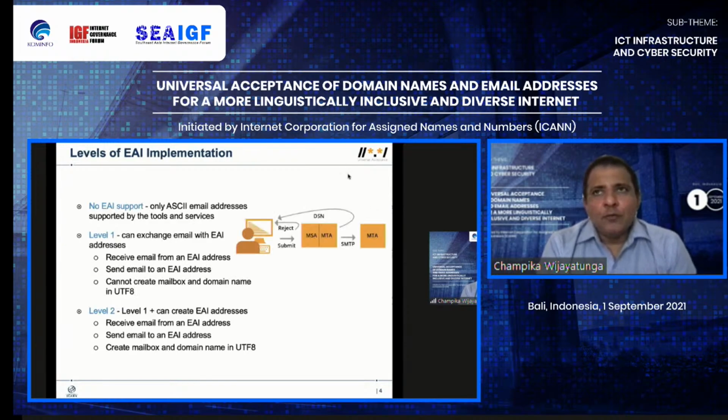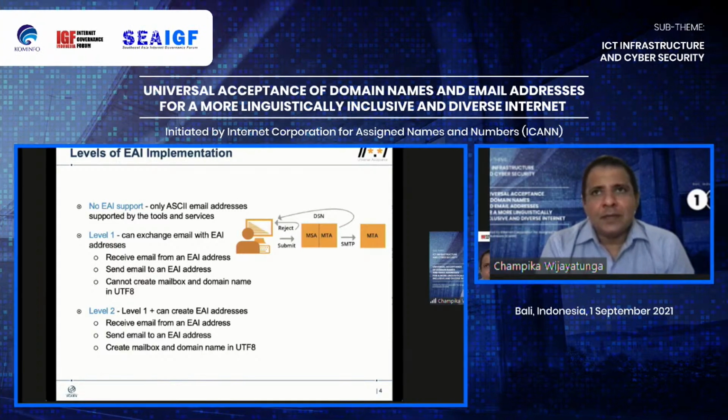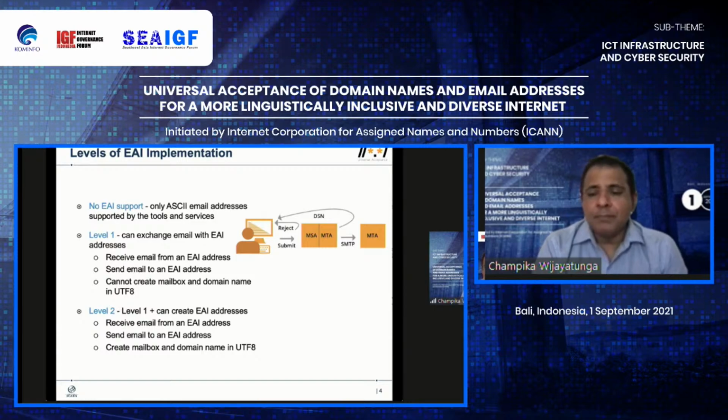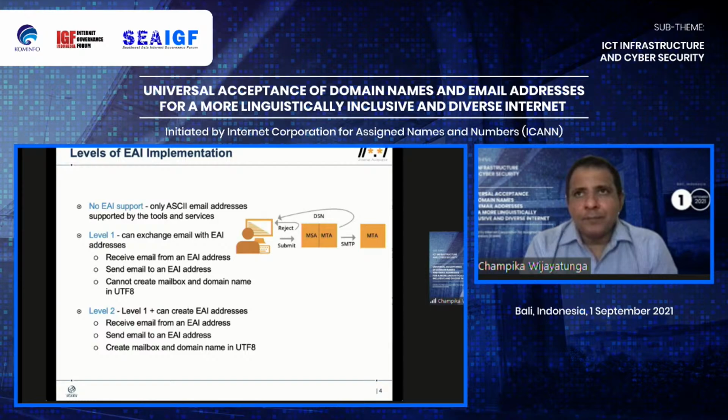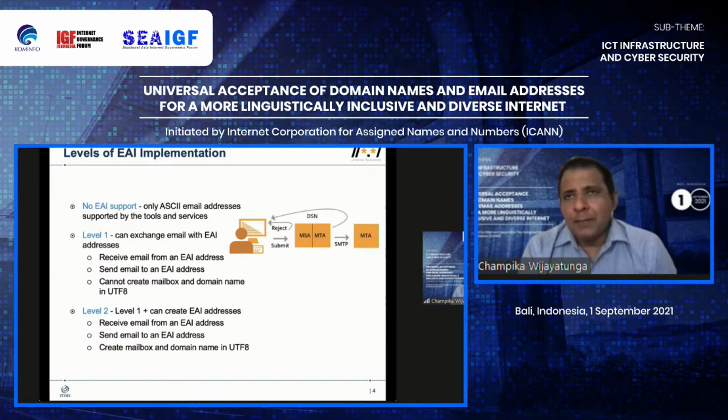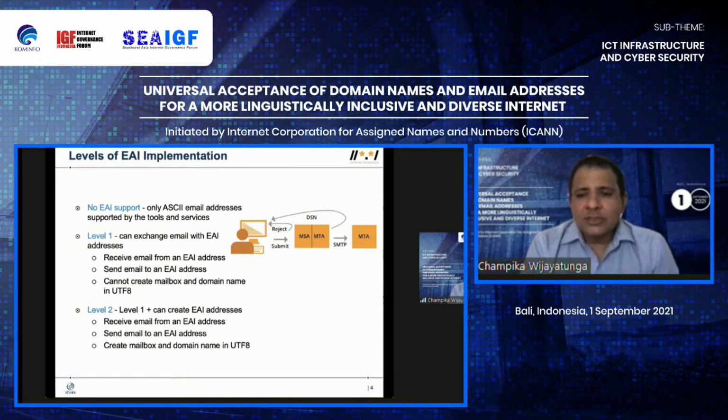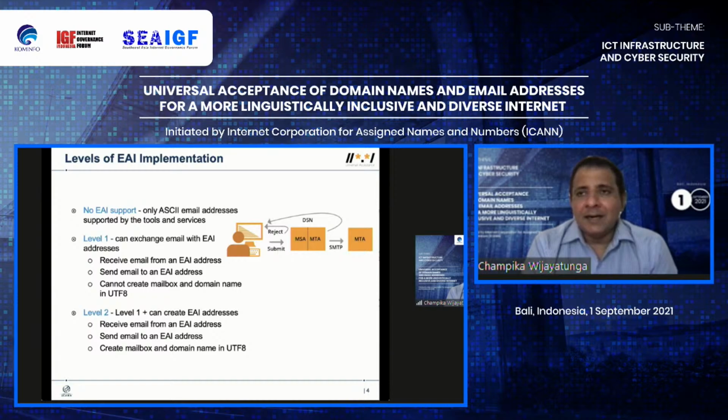Now, with that sort of idea and definition, we can try to categorize these email IDs based on the support levels or the EAI implementation. For example, if the application or the tool cannot support any email ID internationalization, we say that there is no EAI support there, which means only ASCII emails can be supported by those tools and services.